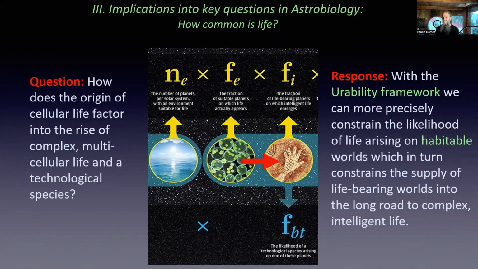And that microbes are maybe hard, not easy. And if that's the case, then we would actually expect a much lower inventory of complex life to emerge and a much lower inventory of technological intelligent species to be around. So that's a nice big open question for everyone.